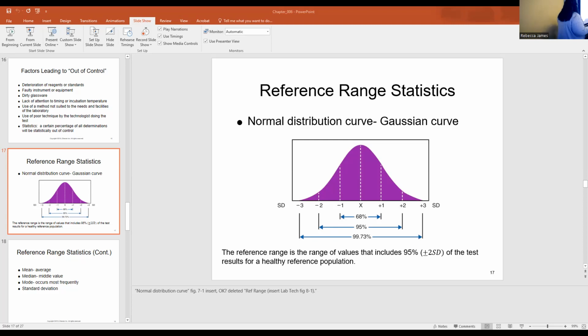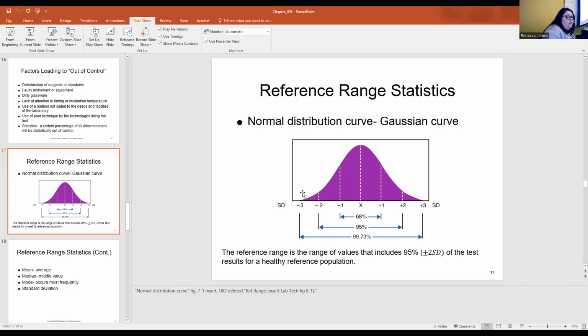We're going to talk about this more extensively. So this is just kind of what you need to know right now: 68% falls within 1 SD, 95% falls within 2 SD, and 95% at 2 SD is also considered your reference range.